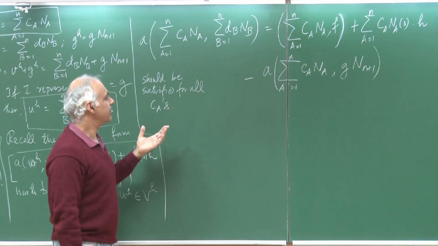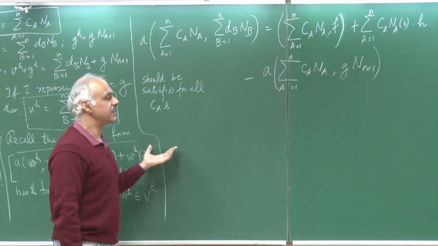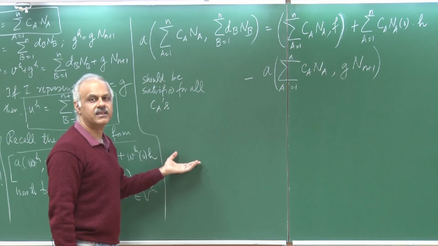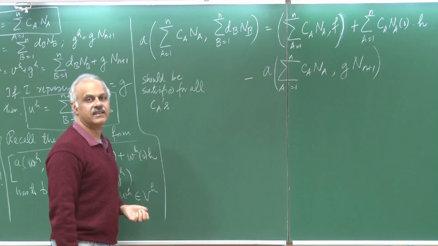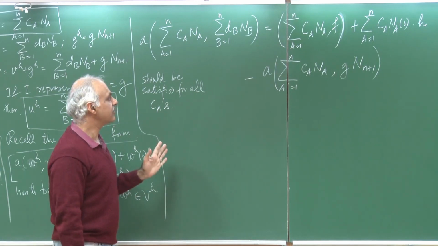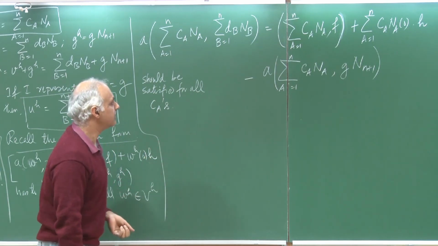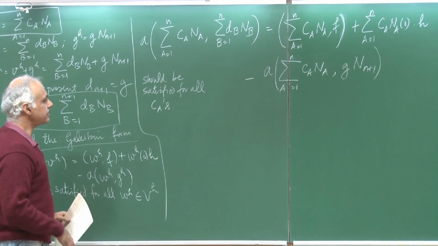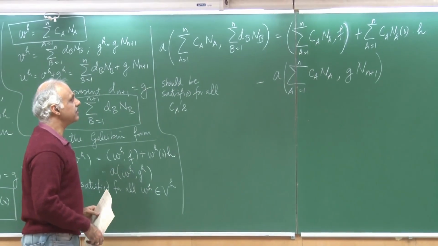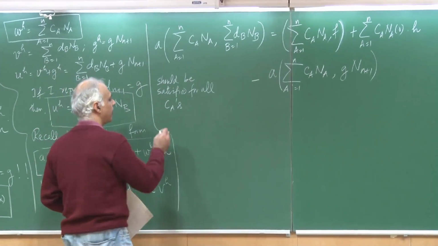You can fix all C1 through C n minus 1 and just vary infinite values of Cn, and then likewise you could fix the other values and change one of them. Now we will use the bilinearity of these operators.